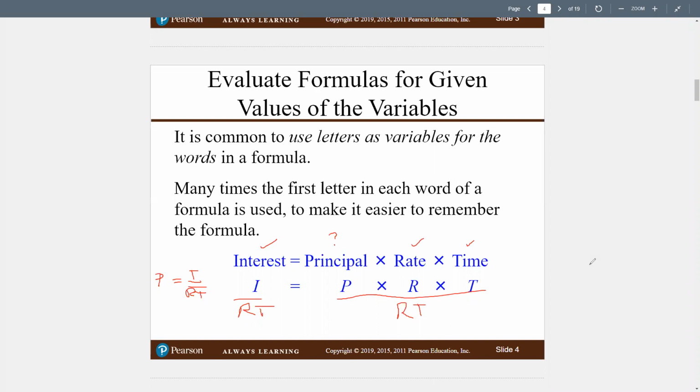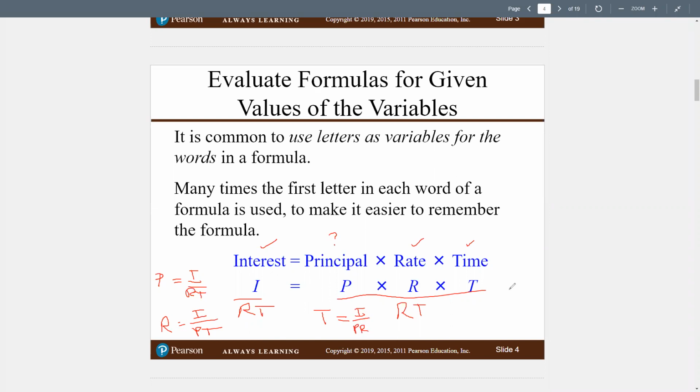So if you want to know interest, then you know it's P times R times T. Then if we want to look at principal, then you would have principal equals interest divided by rate times time. So if you're interested in rate, then you know it would be rate is equal to interest divided by principal times time. And then time is going to be equal to interest divided by principal times rate.